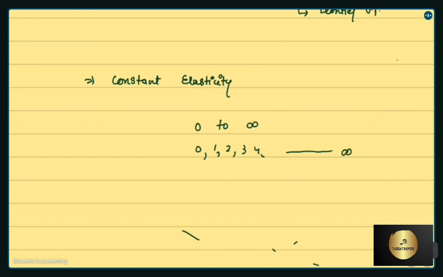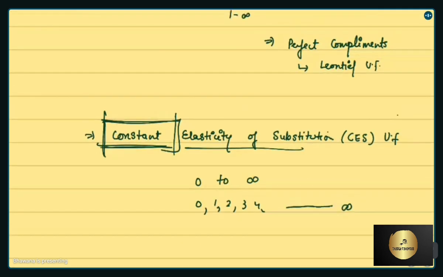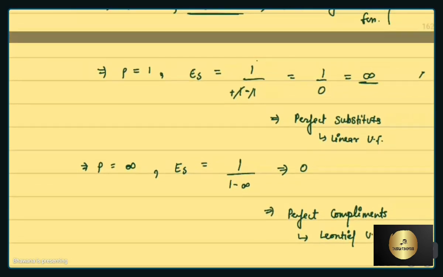So this ES remains constant. Constant means you will get a number. Constant elasticity of substitution, CES utility function. So your elasticity of substitution, ES, will remain constant in this particular case. Okay. So we are done with this.